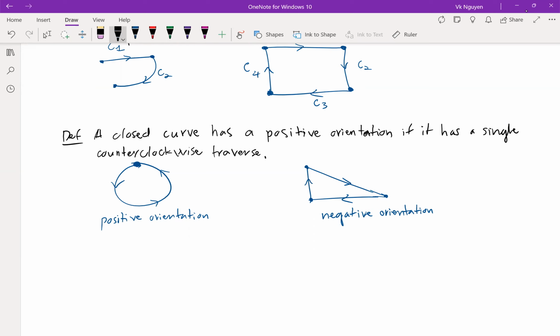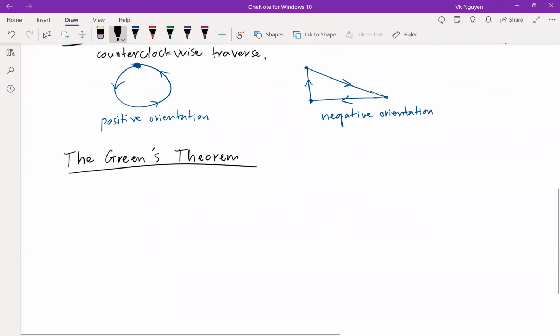So now here comes the theorem, right? Here comes Green's theorem. Okay, what's Green's theorem?